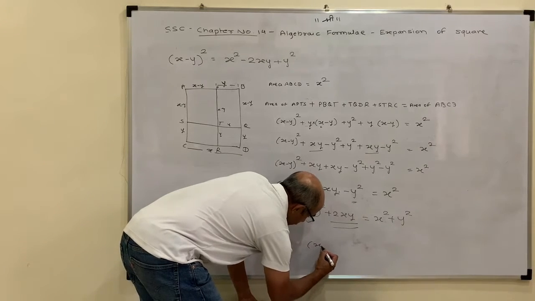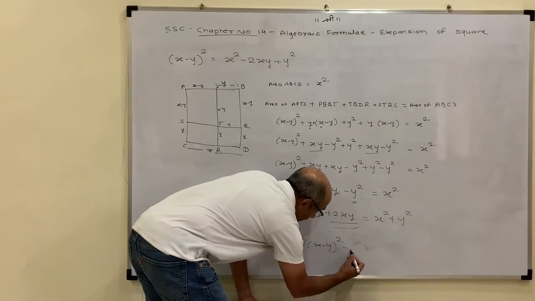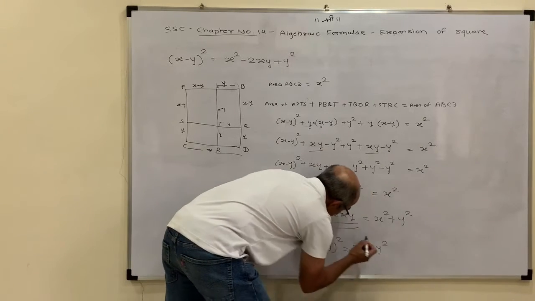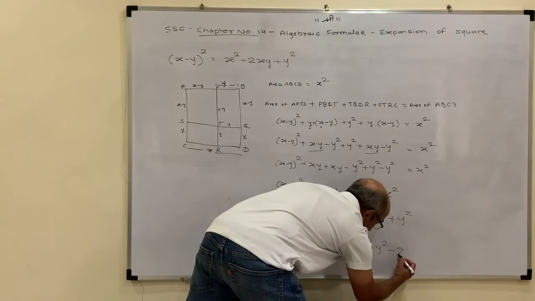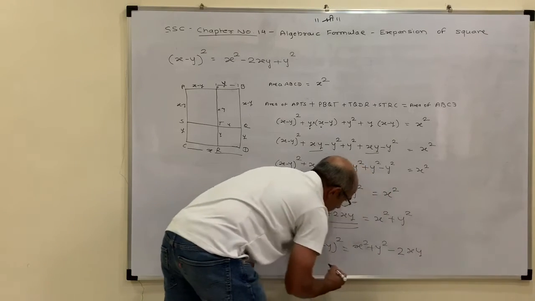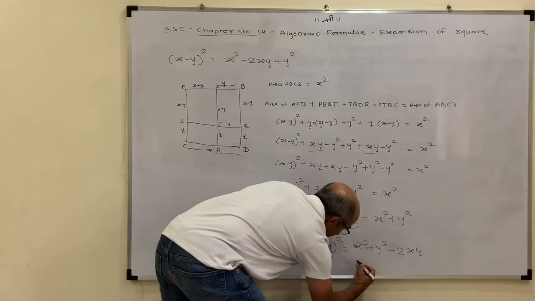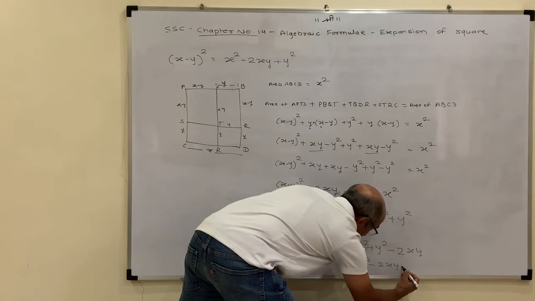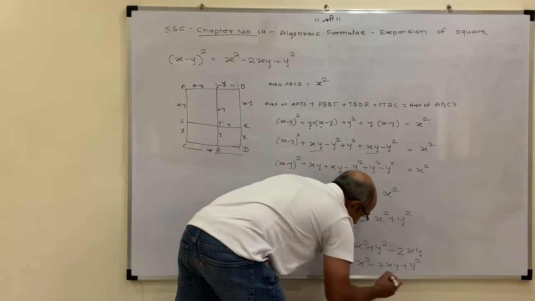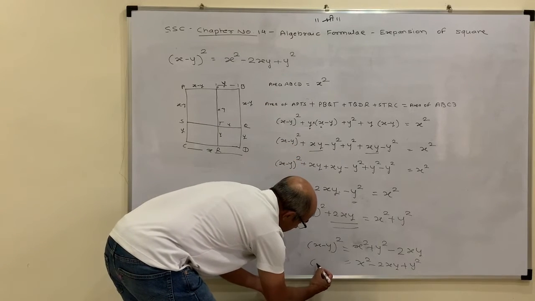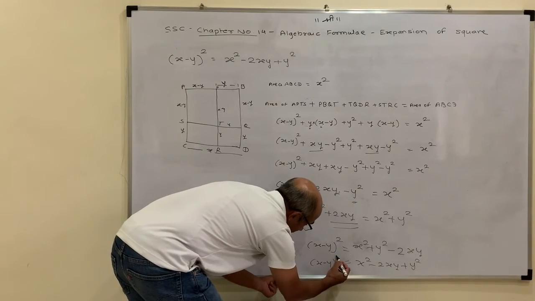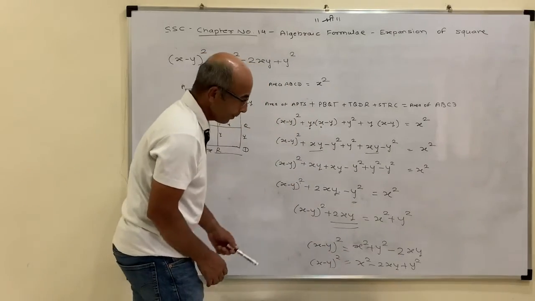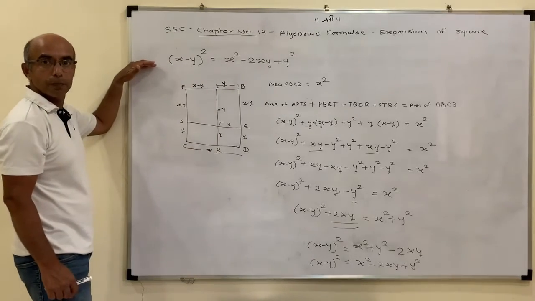So X minus Y square equals X square plus Y square minus 2XY. Rearranging, X square minus 2XY plus Y square, which is X minus Y bracket square, equals X square minus 2XY plus Y square, which is what I was trying to prove.